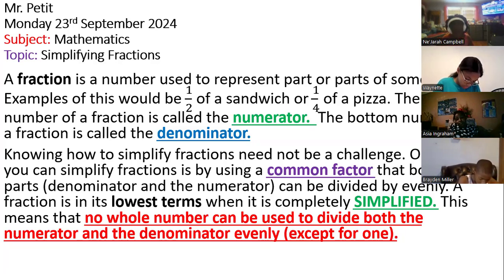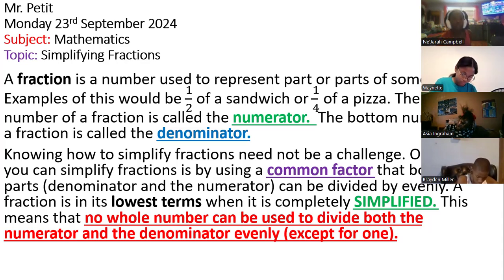One way you can simplify fractions is by using a common factor that both parts, numerator and denominator, can be divided by evenly. A fraction is in its lowest terms when it is completely simplified. This means that no whole number can be used to divide both the numerator and the denominator evenly except for one. Very good.